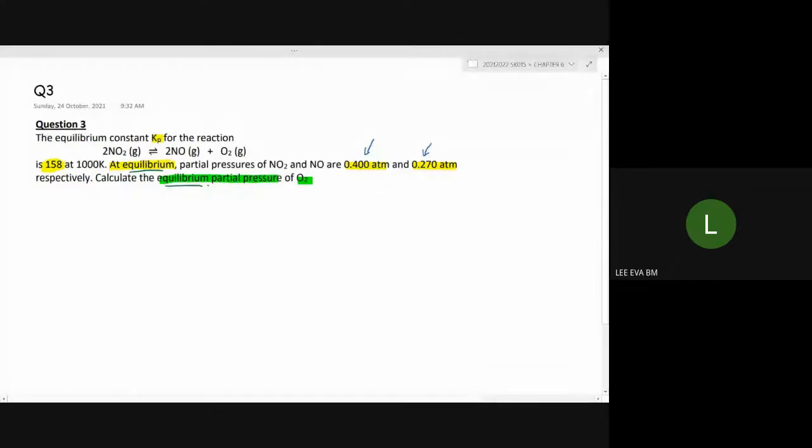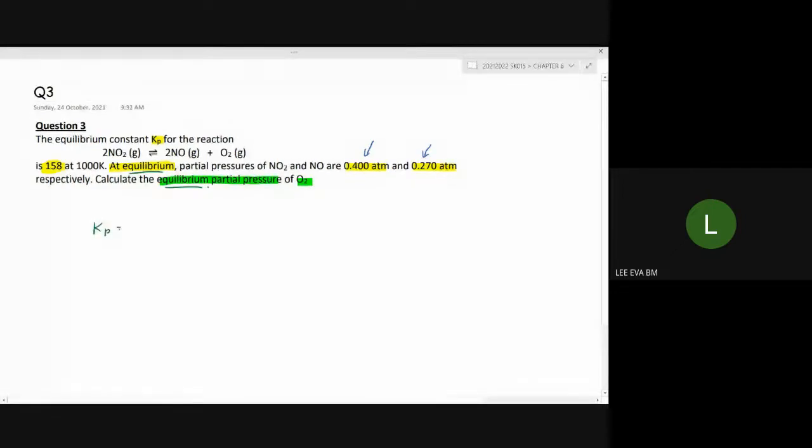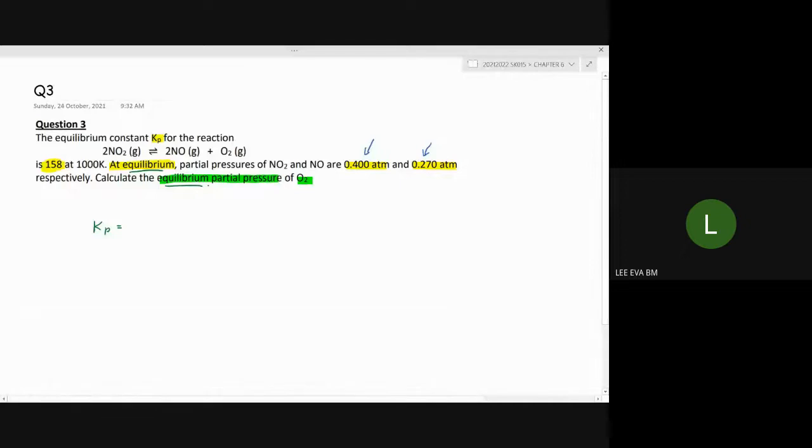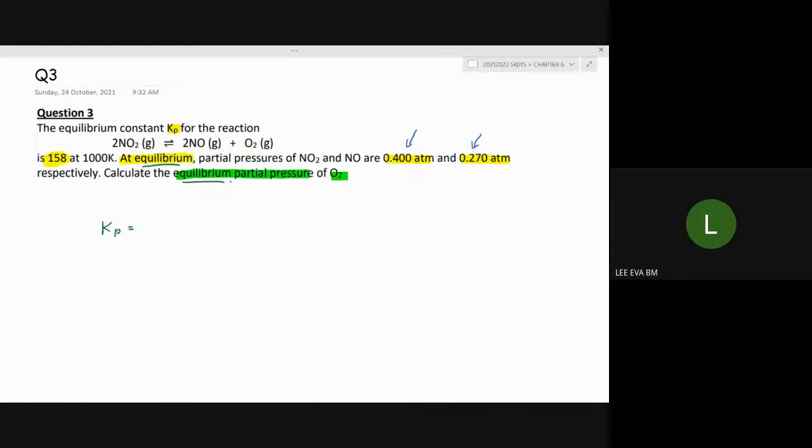Okay. So, Amanda check dulu awak punya Kp expression. What will be your Kp expression? Product over reactants, and you will get, expression dia macam mana?